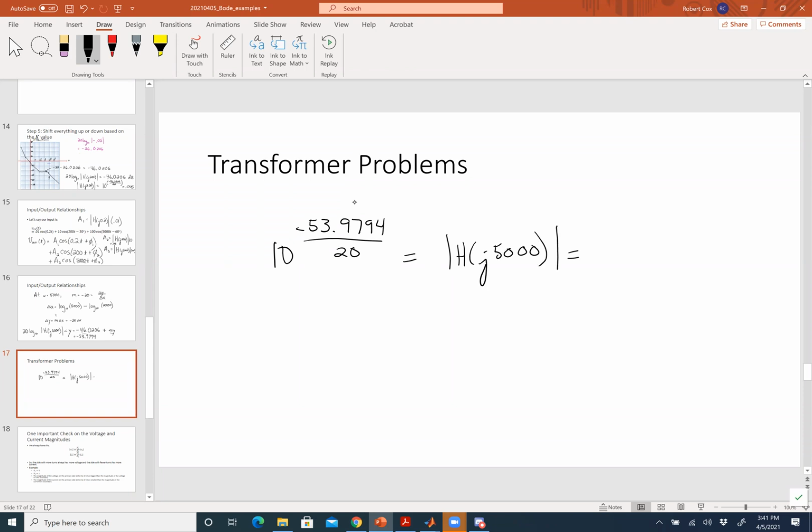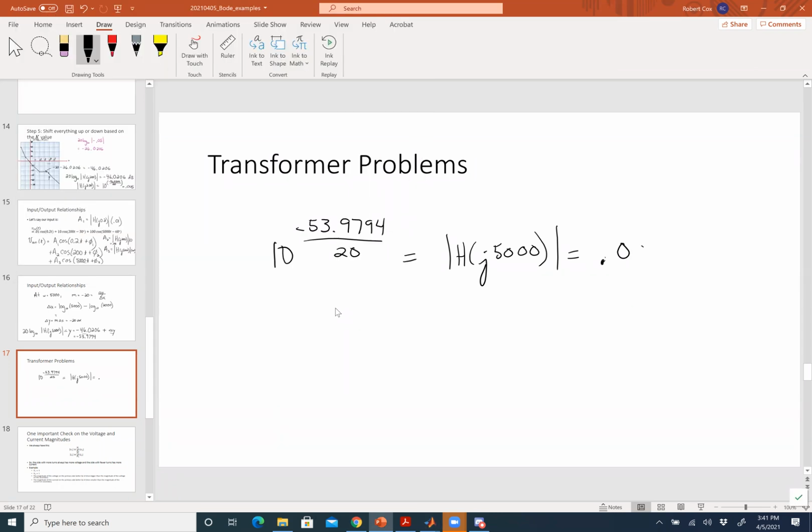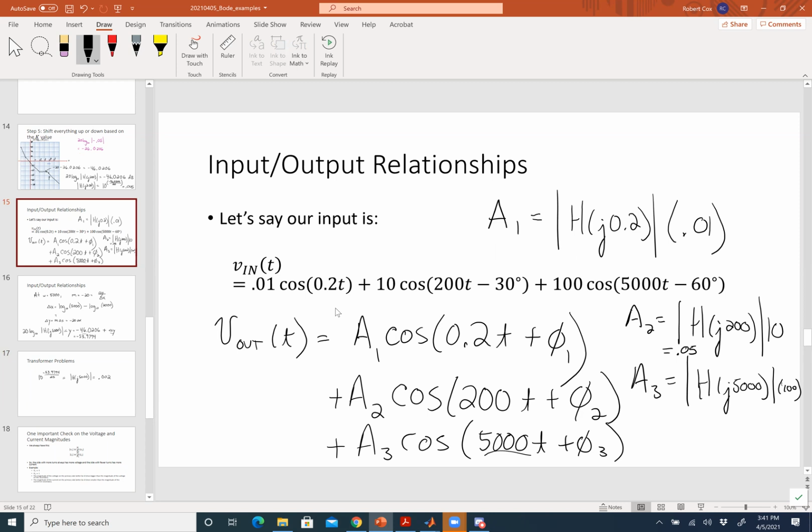And that works out to be like 0.002 or something like that. So I'll do 10 to the y over 20, 0.002, right? So that's the magnitude at 5,000, okay?